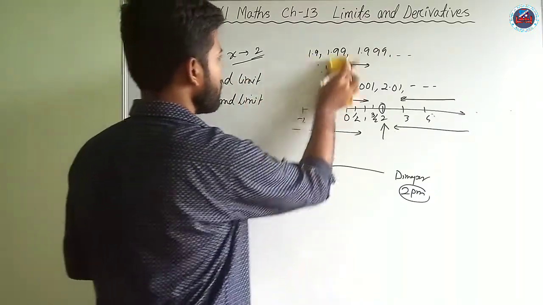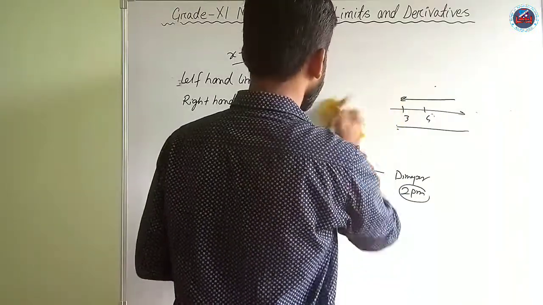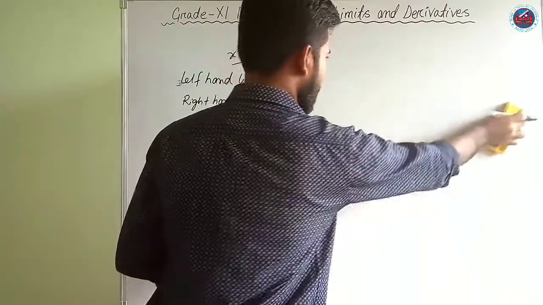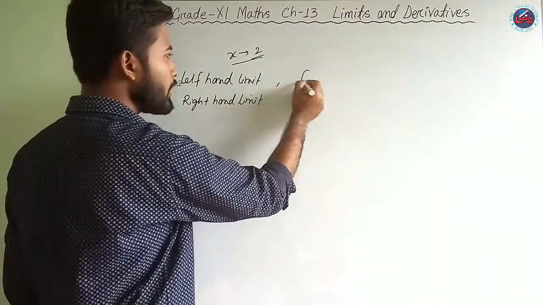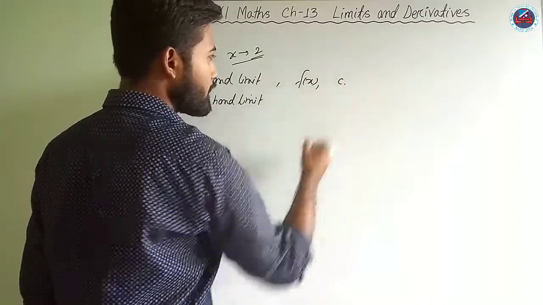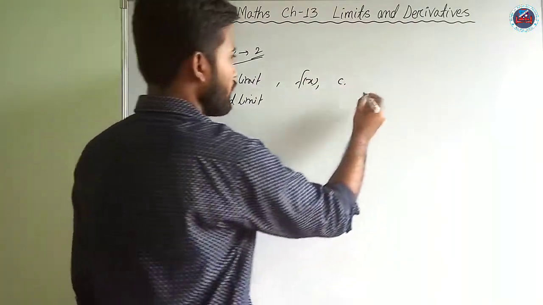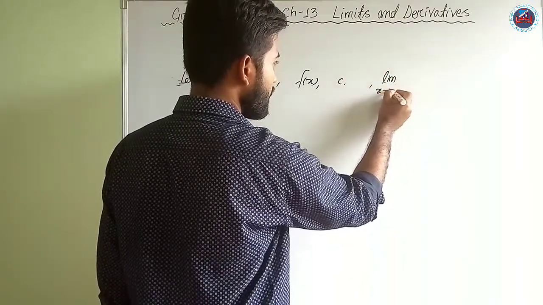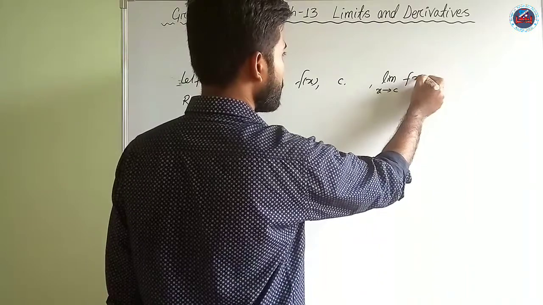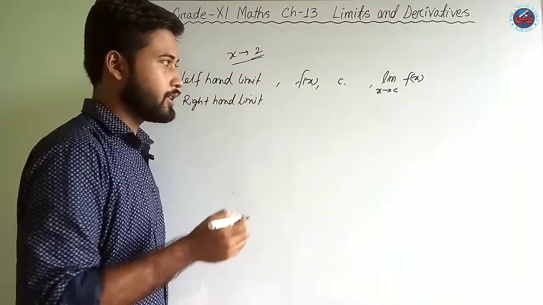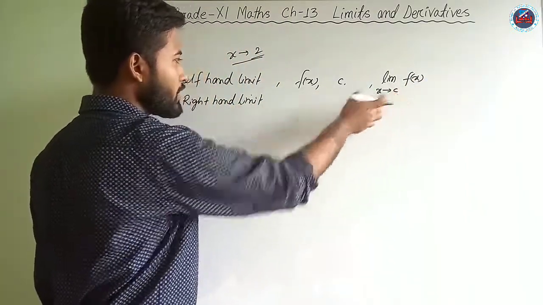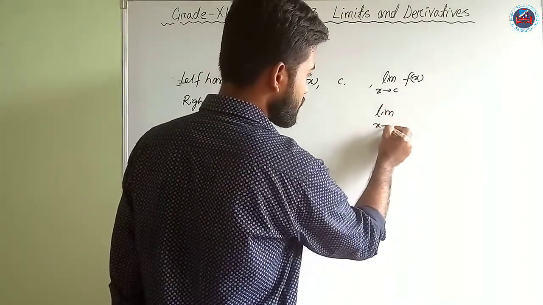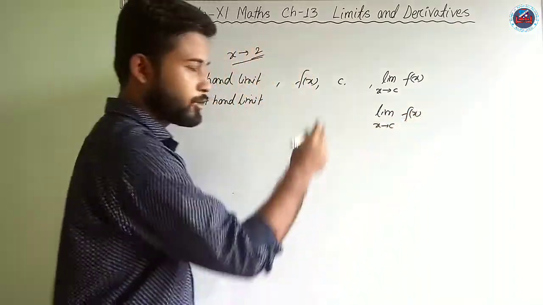Okay, so to define the left hand limit, at first we need a function and we need a constant, say c. We need a function f of x and we need a constant c. Now the left hand limit will be defined by limit x tends to c f of x, where c is a constant. Now how shall we denote that it is the left hand limit? Because in case of the right hand limit also it will be the same, limit x tends to c f of x, both will be the same.